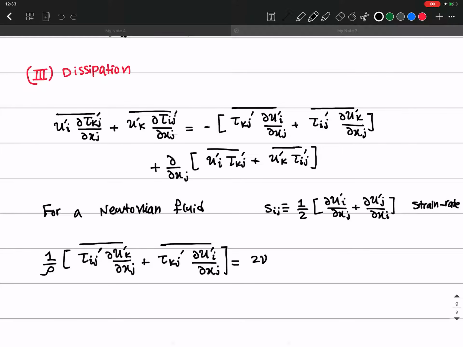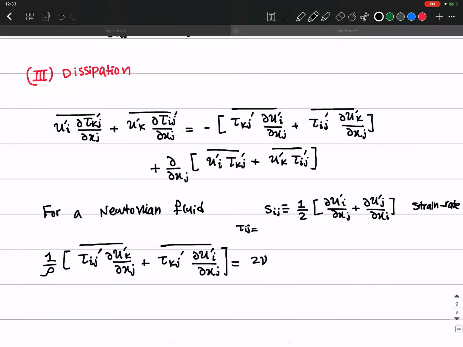So tau ij for a Newtonian fluid, we know it's 2 nu Sij. Okay, so I can just rewrite this.